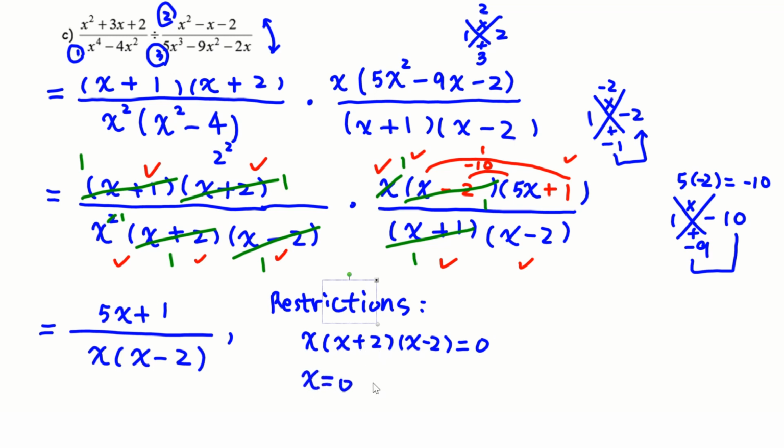Solve for zeros. This one, x equals negative 2. This one, x equals positive 2. Because we solve x plus 2 equals 0, then we move the 2 to the other side, giving negative 2. x minus 2 equals 0, move the negative 2 to the other side is positive 2. And that is the first denominator.